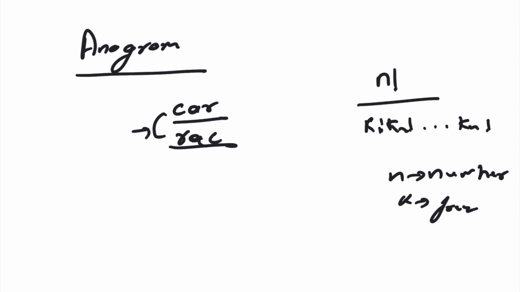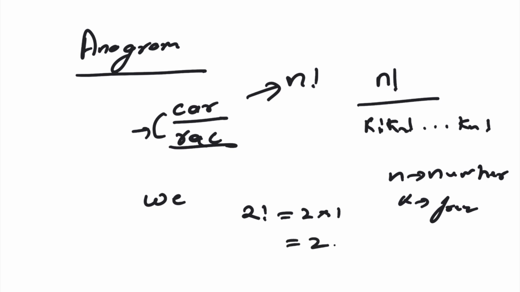If all the letters are distinct, it simply leads to n factorial. As you can see, n factorial could be very large. Suppose for WE, it will be 2 factorial, which is 2 into 1 equals 2. So there are two anagrams for it, WE and EW. But as the number of letters increases, this n factorial could be very high, so it will be difficult to calculate each anagram and solve it this way.